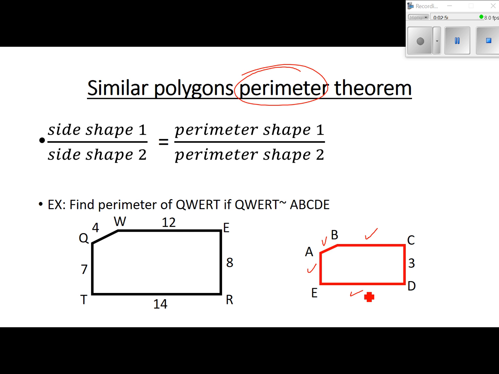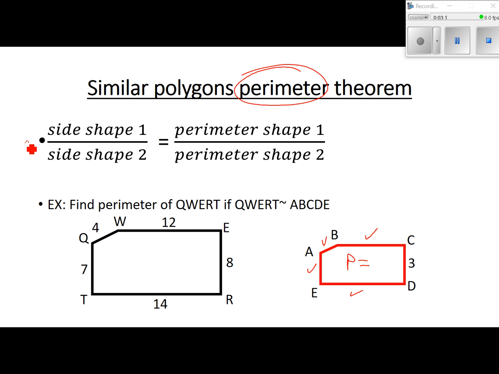We could find each of those by setting up 4 separate proportions and solving them, and then add them all up to find the perimeter. If we don't need each of those sides separately, if we just need the perimeter, then we could find the perimeter of this, which we don't know, by using this theorem.